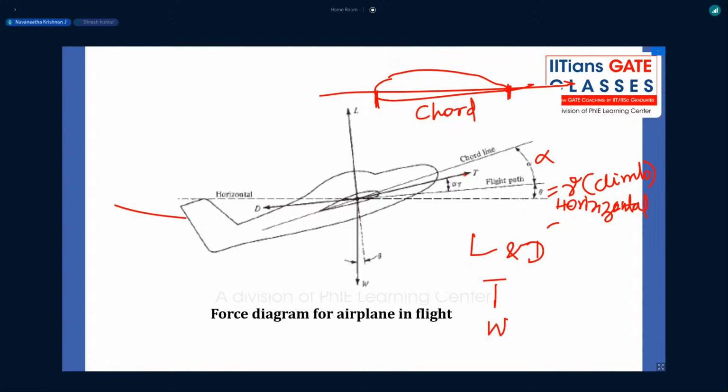Thrust is acting along the engine center line. In almost 99.9% of cases, it is aligned with the flight path direction. But in some cases, it is at a slight angle alpha t from the flight path.